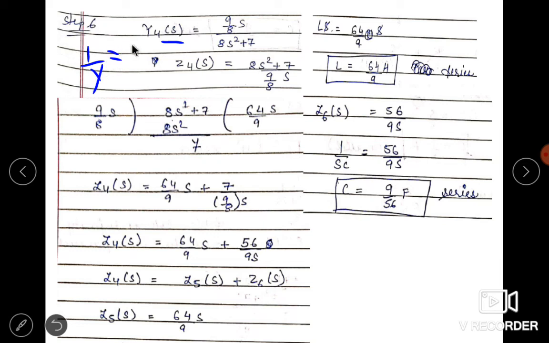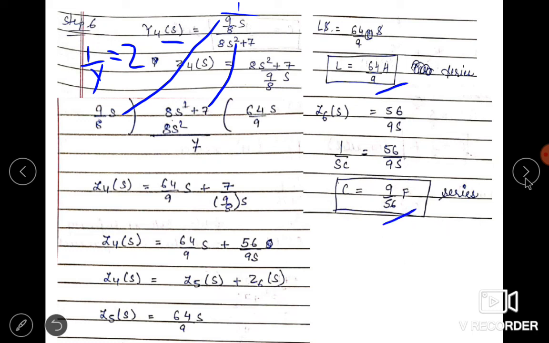So here these values are changed, this value becomes like this, and these values come here. And solve it. After solving, we find out the values of Z4 and Z5, and again find out the capacitor and the inductor and the capacitor.